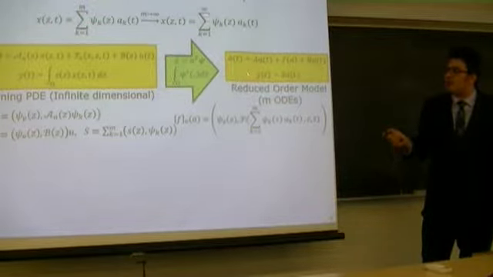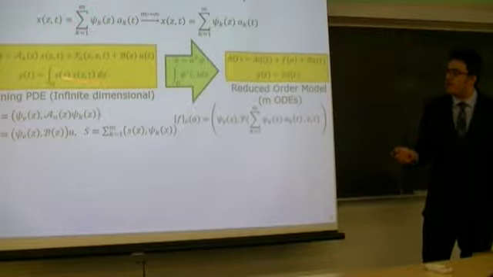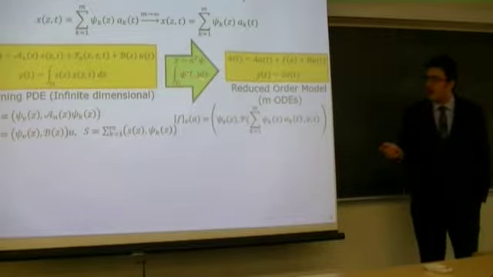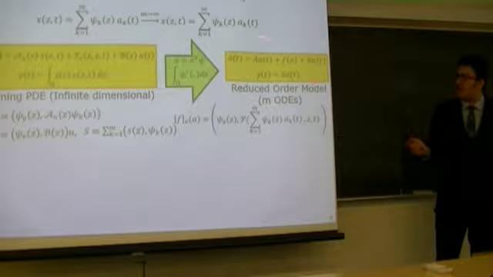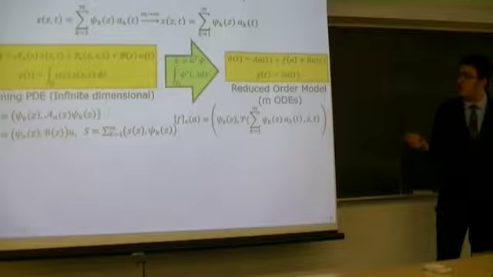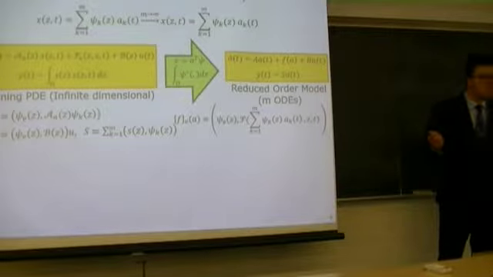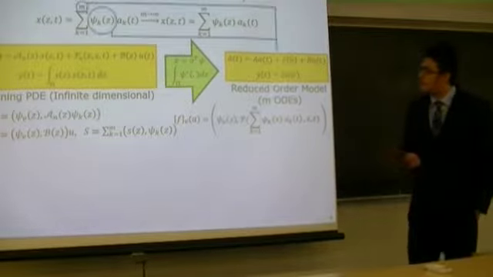But how do we implement such a strategy and decompose the modes? If you have the general partial differential equation in this form, by replacing the value of x with this approximation and taking the Galerkin integral projection over the entire domain with respect to phi star, we could obtain the reduced order dynamic behavior of the system in the form of a finite number of ordinary differential equations.